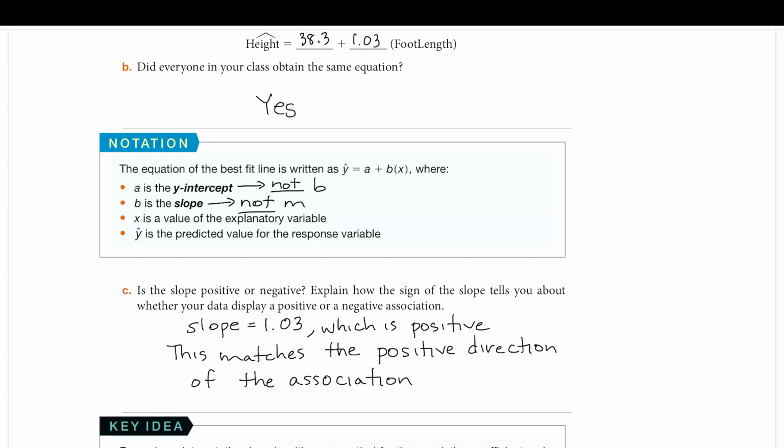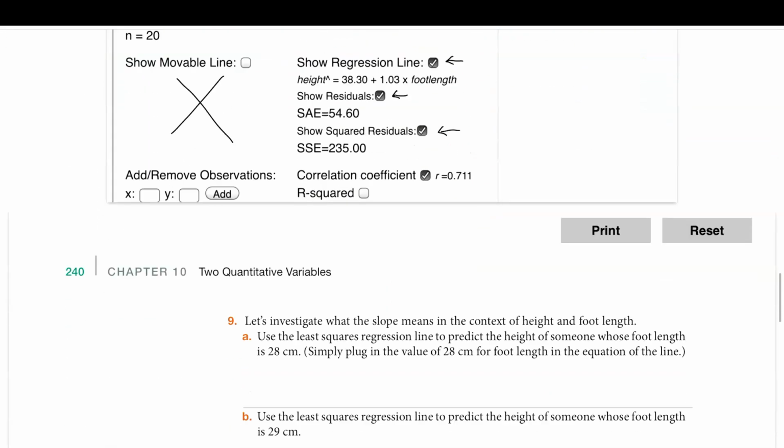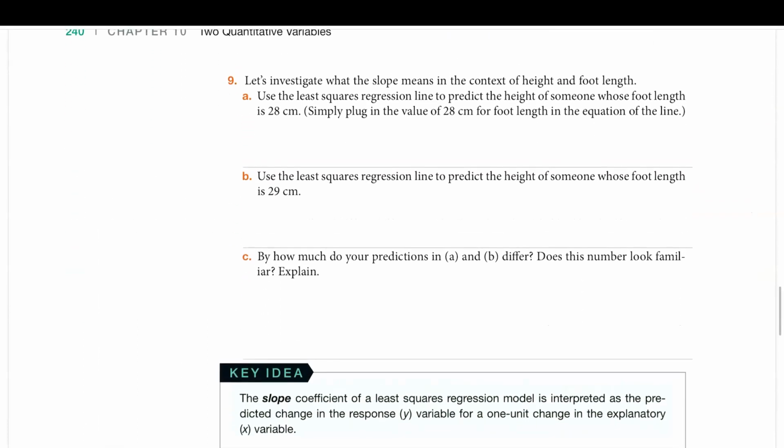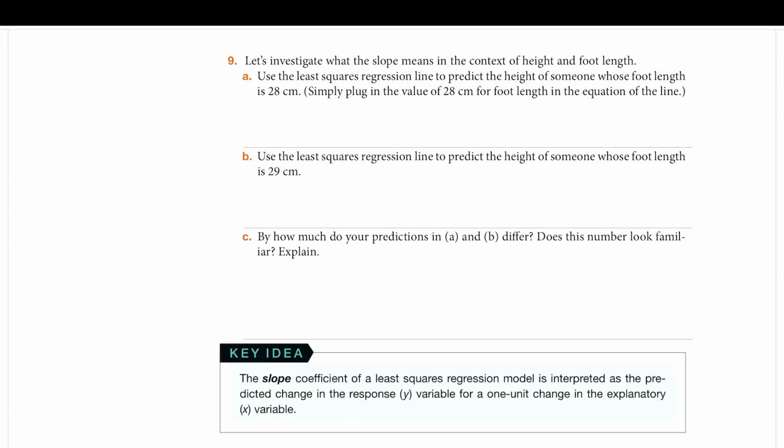So the sign of the correlation coefficient and the slope of the regression line have to match. They have the same sign. They're not the same number. Got to be really careful about that. The correlation coefficient number in this case was 0.7, while the slope is 1.03. They don't have the same number, but they're always either both positive or both negative.